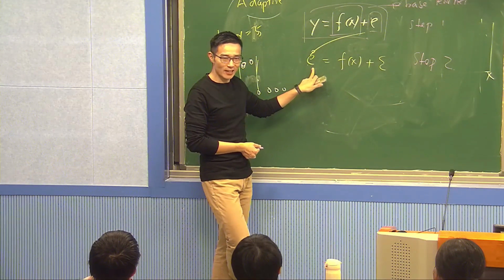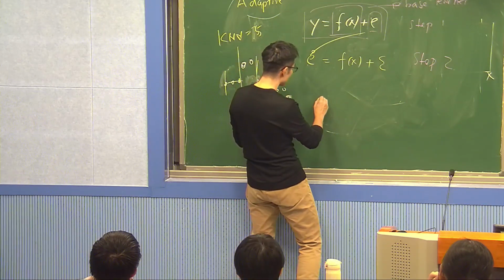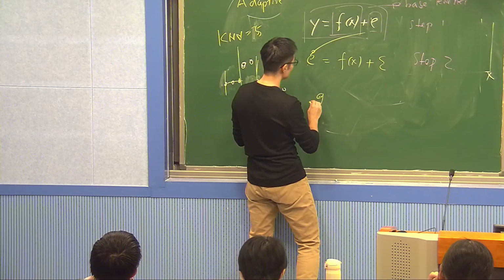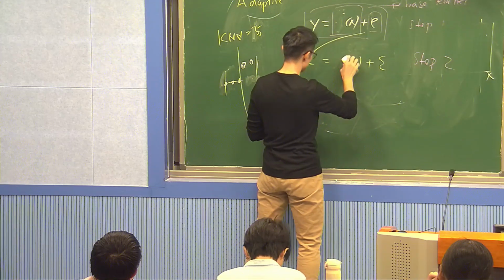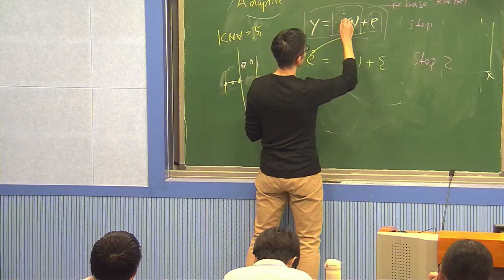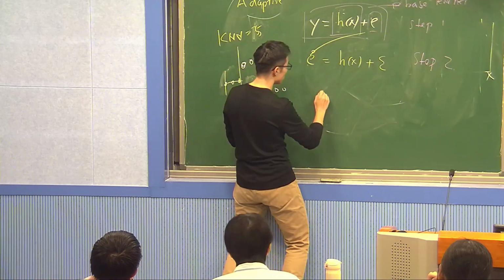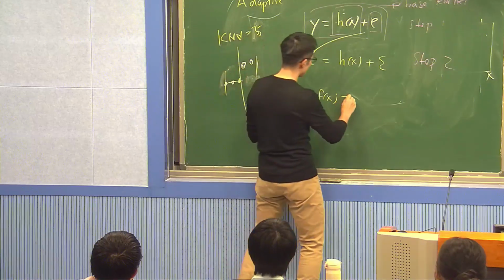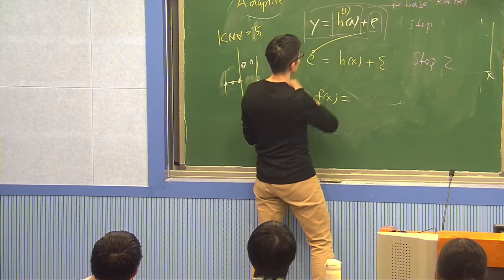And so what is my final model? Let me say the final model is H. My final model f(x), what is it? It's a very simple one. We just add them together. Let's call this H1 because it's step one, and this is step two.